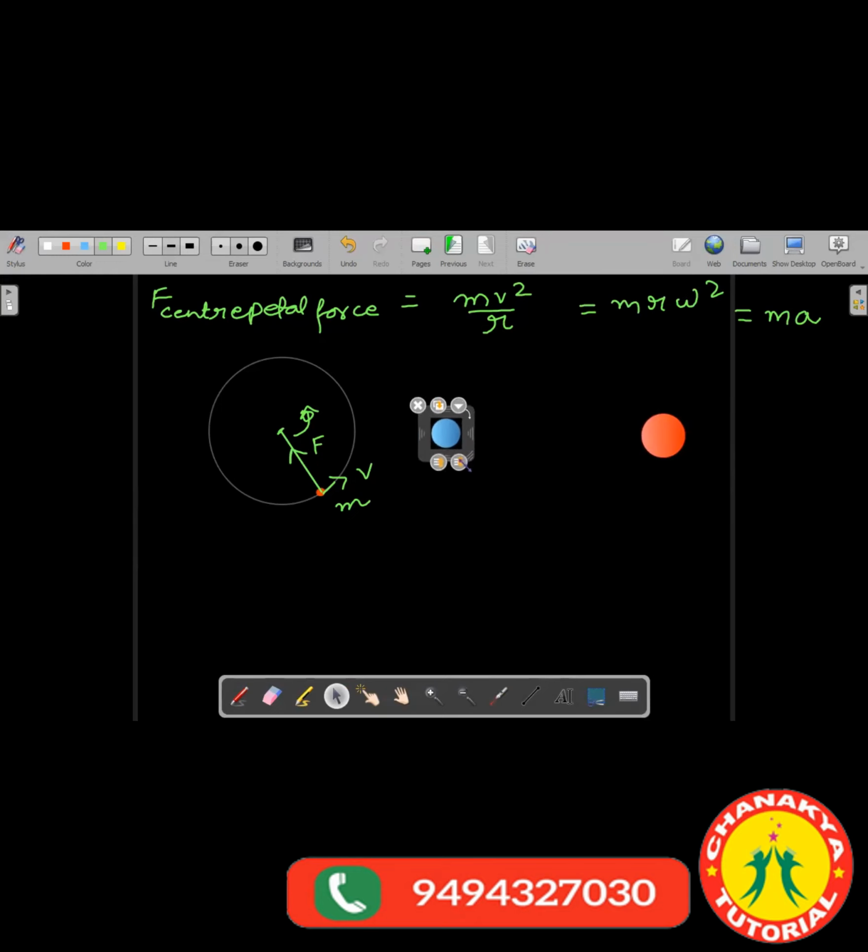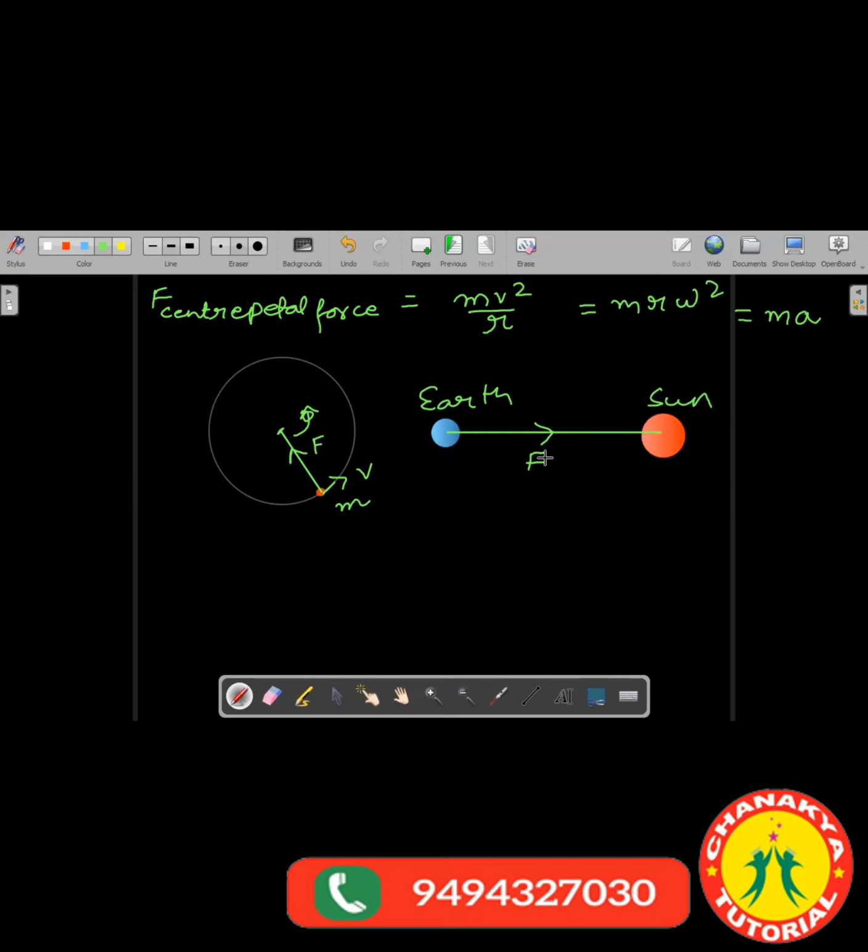So here we can write down that the gravitational force of the Sun is pulling the Earth towards its center, with a force, and this force with which the Sun is pulling the Earth is the force which provides it the necessary centripetal force.